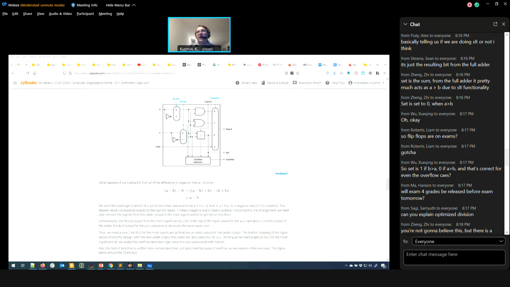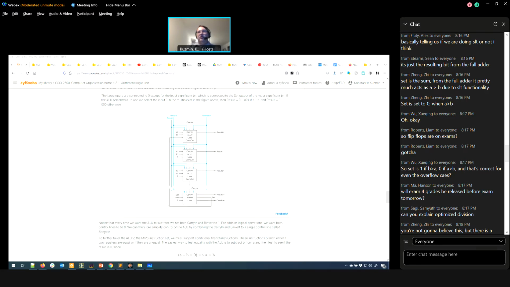So SLT in that sense is somewhat similar to addition, but instead of routing the difference of A and B to the result, we set the result to either 0 or 1. To facilitate that, we need to take the sign bit, which is the result of the most significant bit, and that's why we take it from the output of the adder. So this dot here is the sign bit of A minus B. And then we use that as shown here to determine the value of result 0.